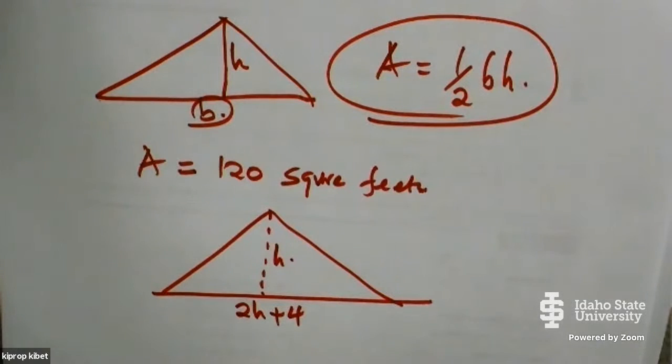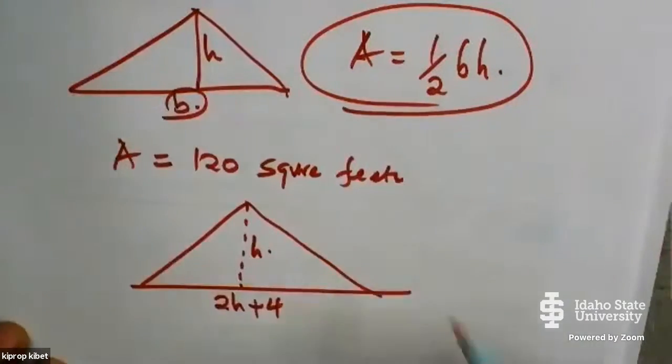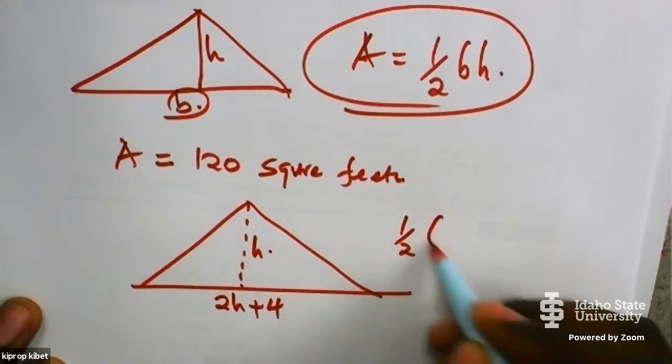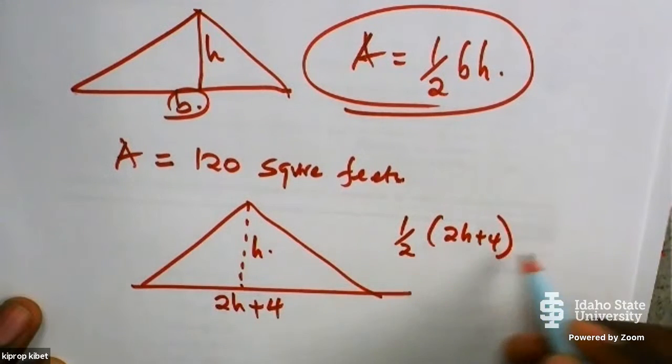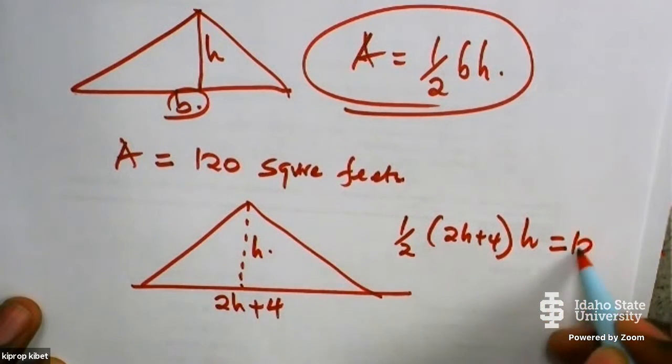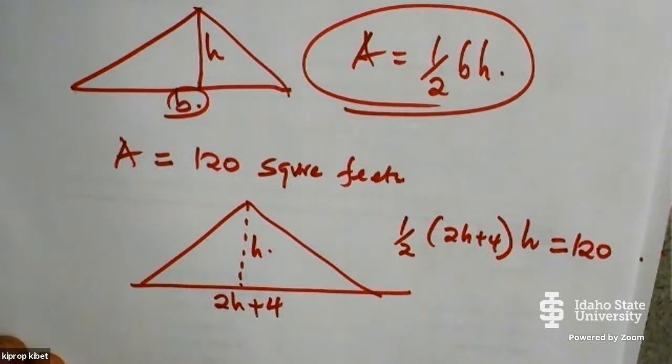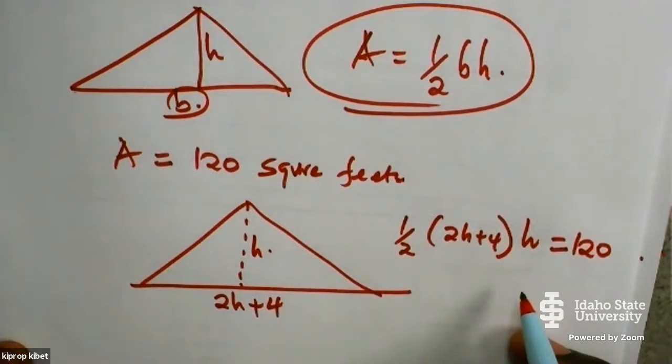So here, we use this formula. You have the area, which is 120. You have the base, then you have the height. So now we can say half times the base, which is 2h plus 4, times the height equals 120. So we can multiply everywhere by 2.